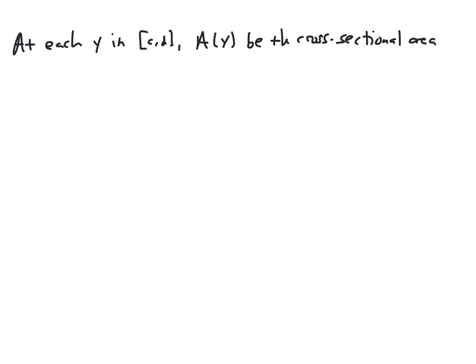So we're going to cut our surface at the plane corresponding to y on the y-axis, and look at that cross-section of our region that we're trying to compute the volume of, and compute the area of that cross-section. So if we define A of y in this way, the volume of our entire region above the xy plane and below the surface f of x, y is going to be given by the integral from c to d of A of y dy.